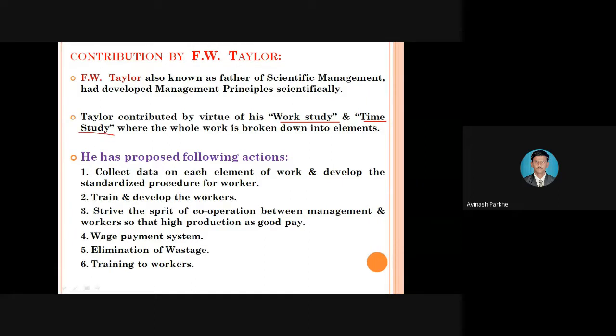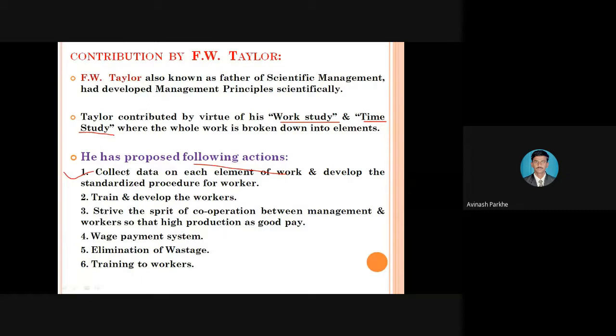Okay. Then in addition to that, F.W. Taylor proposed some basic things that we have discussed. The first one is to collect the data of each element. So your operation or your process consists of a number of elements, or you can say a number of operations.